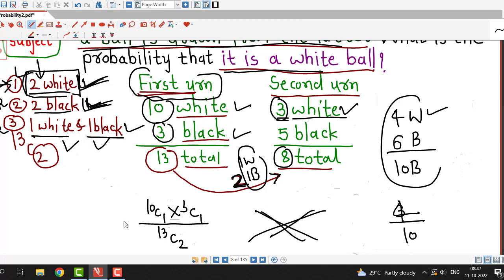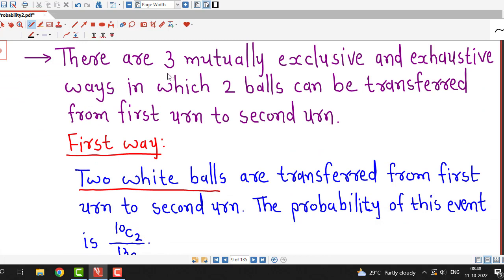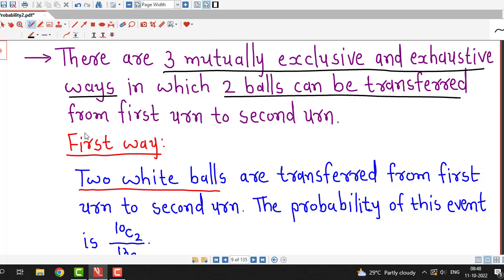So this will be for different possibilities, and the required probability will be the addition of these 3 probabilities because all these are mutually exclusive events. So this we have to write systematically. I have written here there are 3 mutually exclusive and exhaustive ways in which 2 balls can be transferred from the first urn to the second urn.